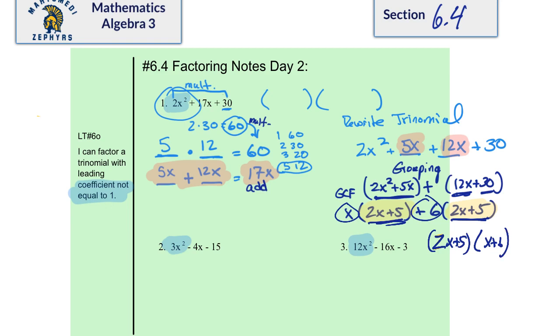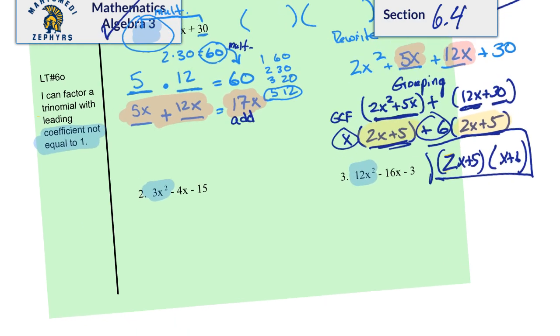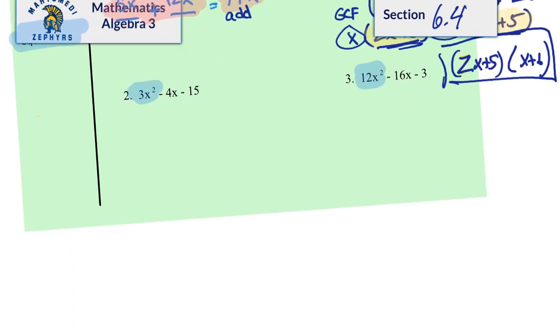You've taken the original problem with a little work and turned it into 2 binomials. Again, distributive property, you can check your work all the time. Check, check, check. Okay, we're going to rearrange the screen.